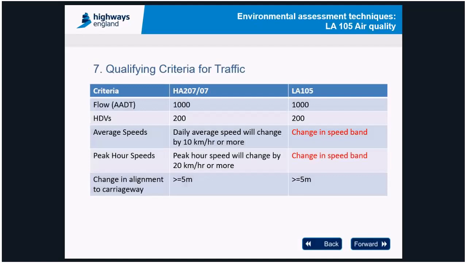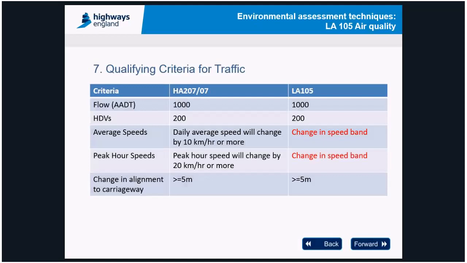The first notable change, when we looked at updating the air quality chapter, was trying to understand whether the criteria that we had in DMRB historically, the 1,000 vehicle change, etc., were still reasonable or whether we needed to make wholesale changes.